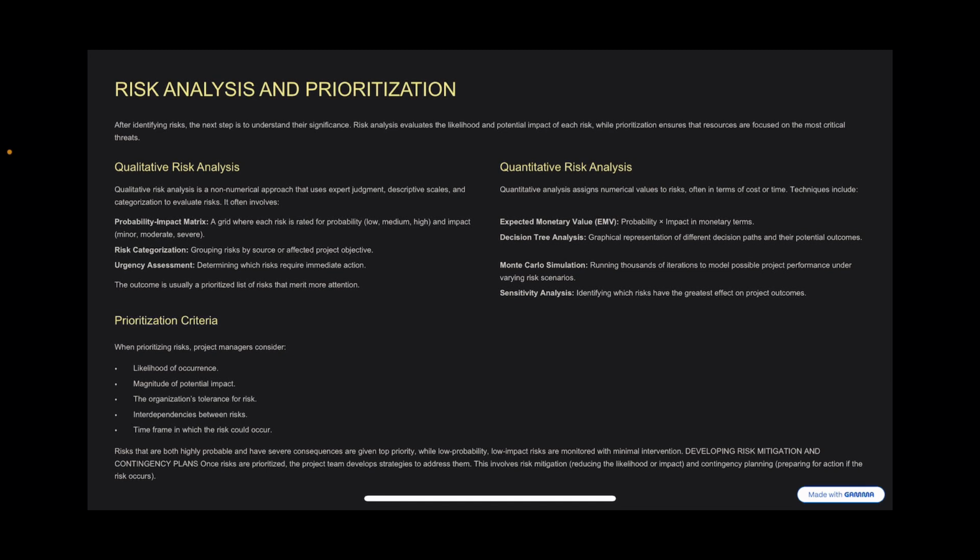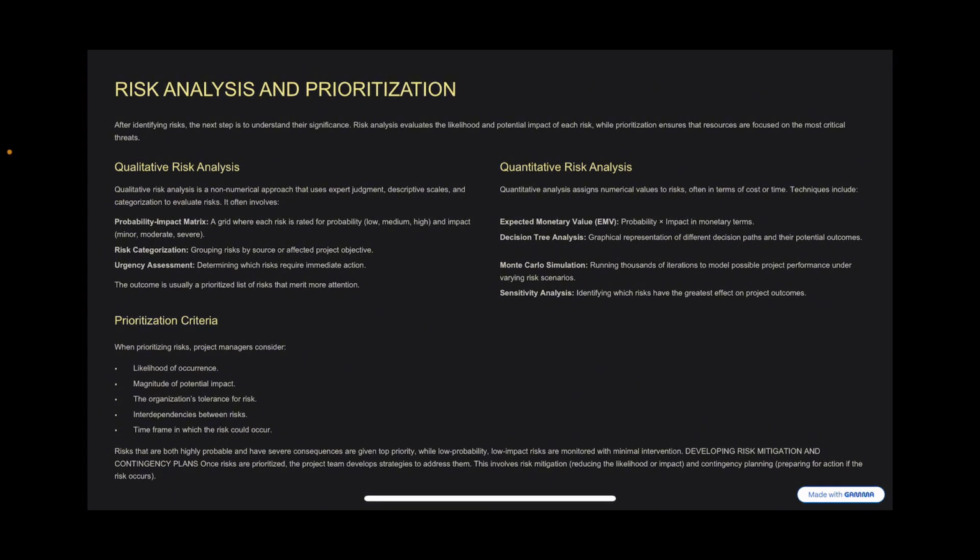So these are just very few things we consider when prioritizing our risks. Risks that are both highly probable and have severe consequences are given top priority, while low probability, low impact risks are monitored with minimal intervention.